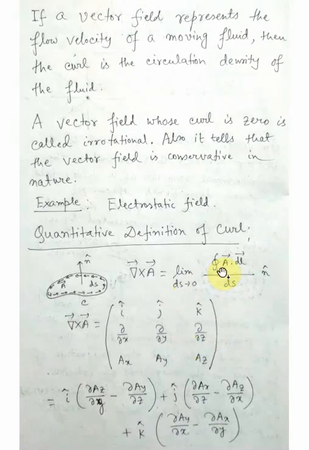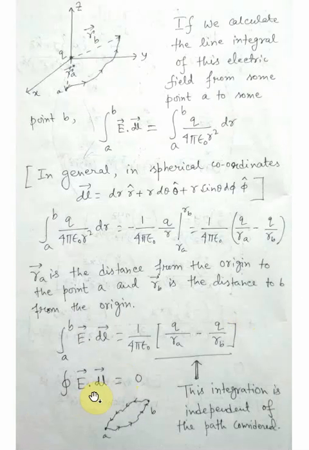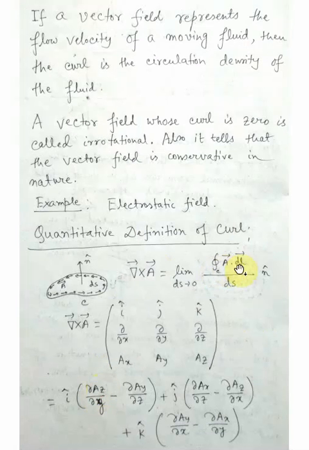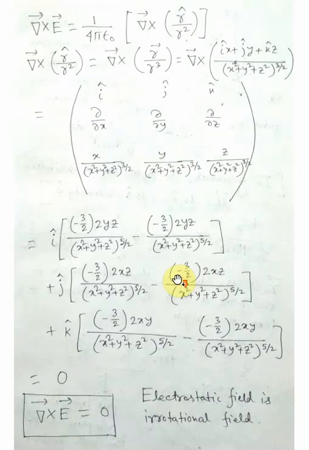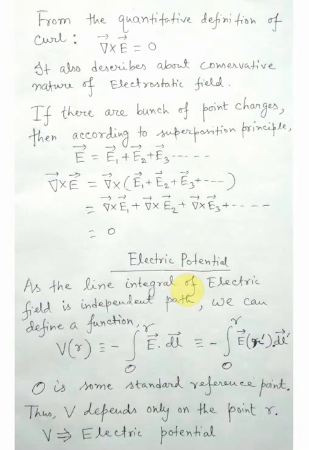E dot dl is 0, so if we multiply by ds, and ds is finite, then the curl of that vector field is 0. That is possible only if this line integration is 0. So since E dot dl is 0, the curl of E will be 0. So the quantitative definition of the curl of the electric field has been understood.